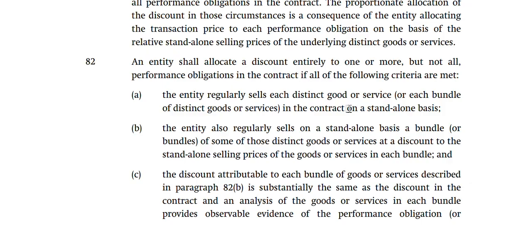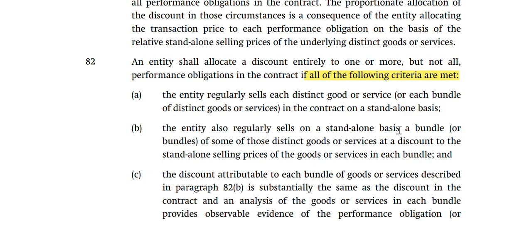Paragraph 82. An entity shall allocate a discount entirely to one or more, but not all, performance obligations in the contract if all of the following criteria are met. The entity regularly sells each distinct good or service in the contract on a standalone basis.